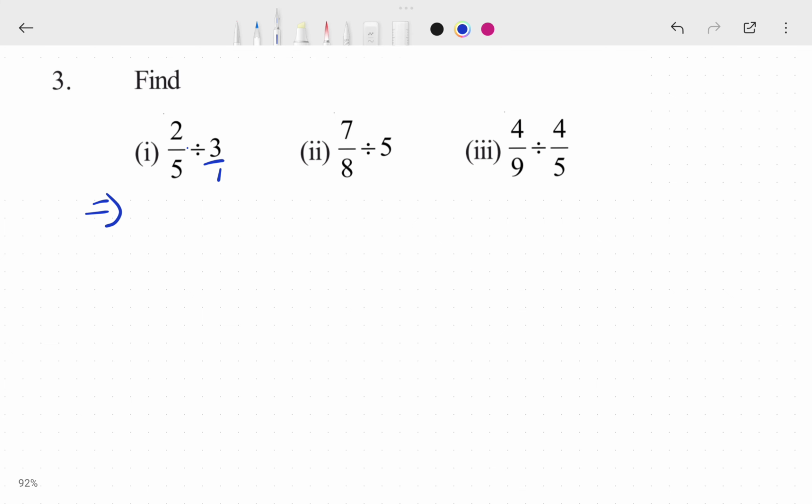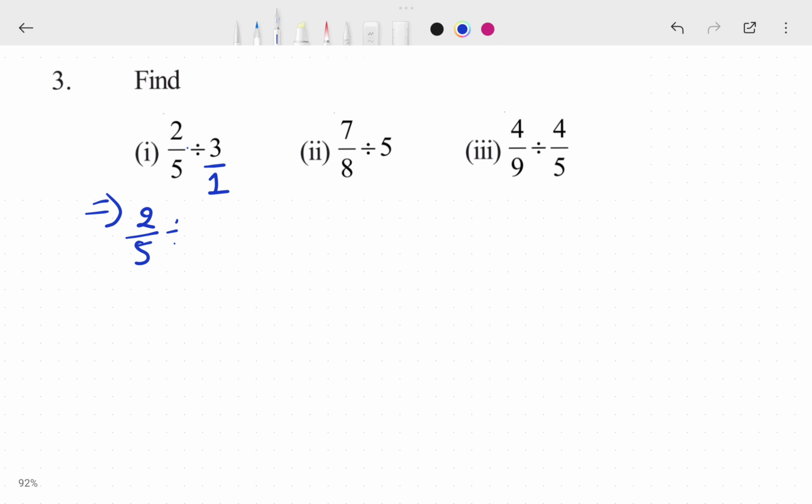Here it is 2 by 5, write 2 by 5, and this division is going to be multiplication, and this is 3 by 1 because we already know that nothing is in the denominator, but it is always 1 there. I write this again here so you will understand better.